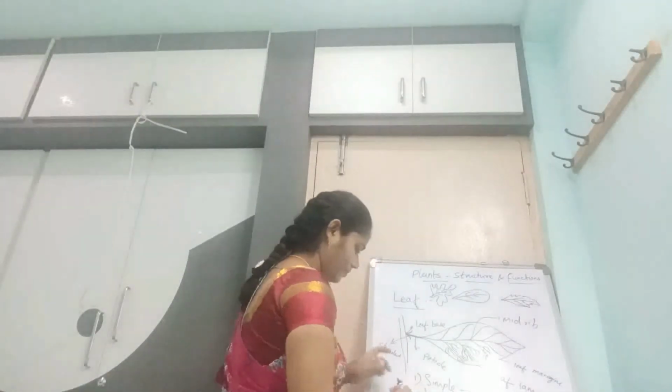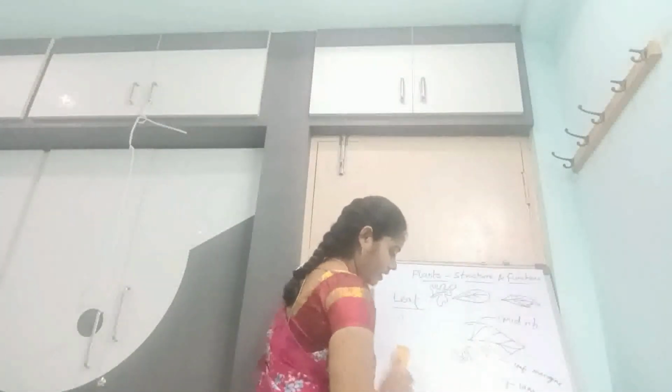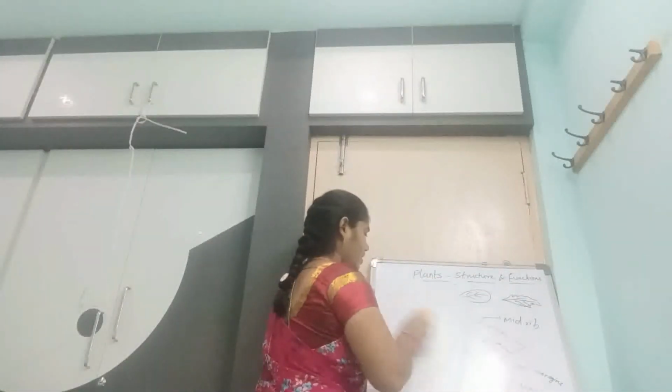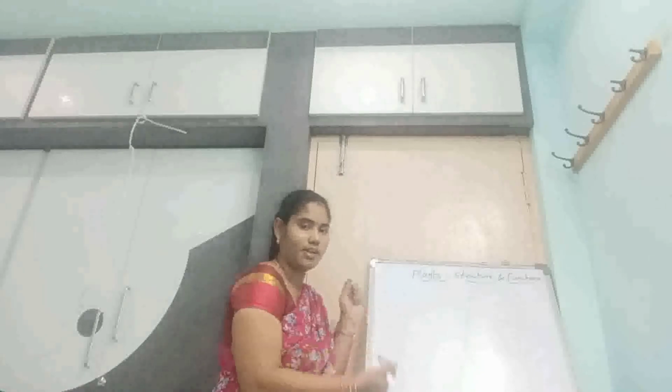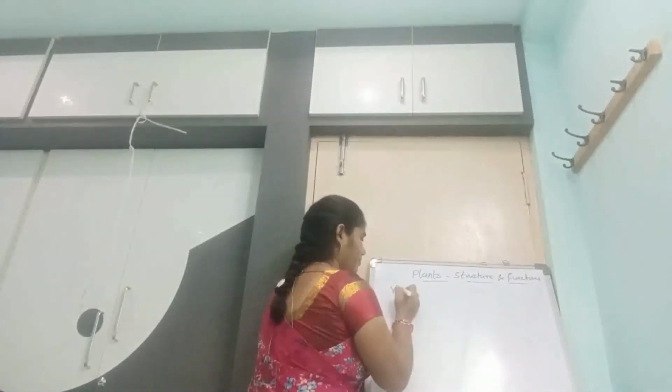Next, the leaves are again divided into two types based on the arrangement of veins on the leaf lamina. The arrangement of veins on the leaf lamina is called venation.